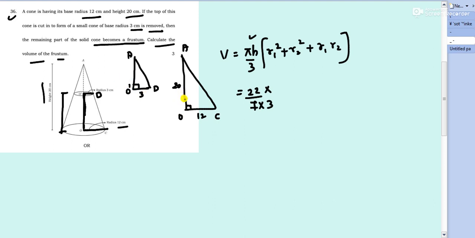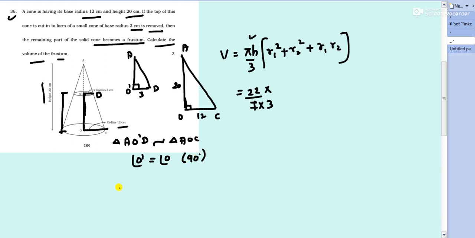Yes, both of them are similar, correct? You can write here triangle AO'D is similar to triangle AOC. How? You have to prove. If you have to prove, you can write, since angle O' is equal to angle O. Why? Because of 90 degrees, right?